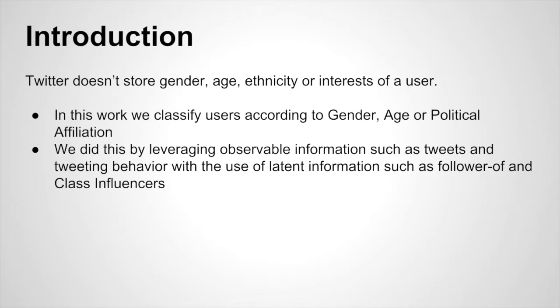So if a person is male, he can be influenced by someone who attracts most of the male users rather than female users. So that was the basic intuition. I'll be explaining these features in more detail in upcoming slides.